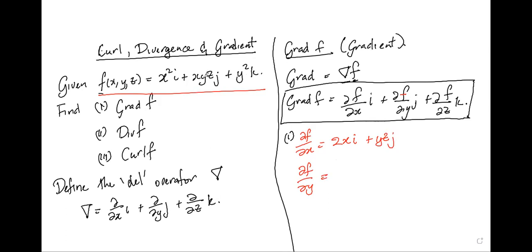Where do we differentiate y here? xz j plus 2y k. 0 plus xy j. Plus 0. There's nothing here.